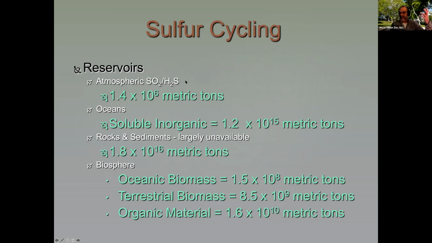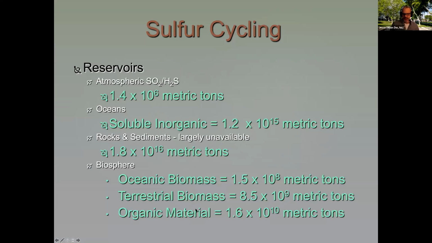So it's going to go up in the atmosphere, but in the presence of oxygen, it will be oxidized to sulfur dioxide very rapidly. Okay. So huge amounts of sulfur in the oceans, even larger amounts in rocks and sediments, but of course that's going to be unavailable to life, just like we saw before.